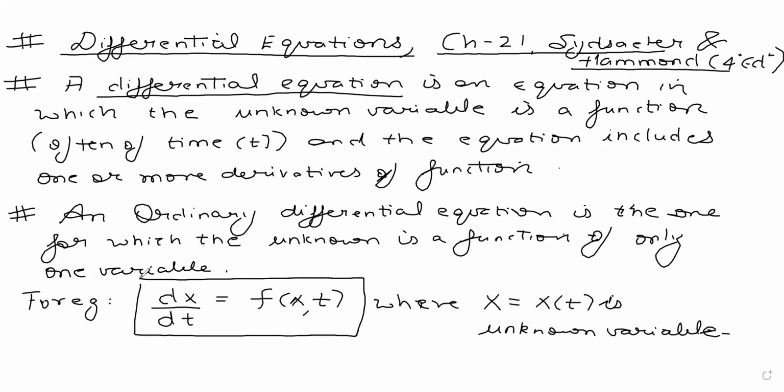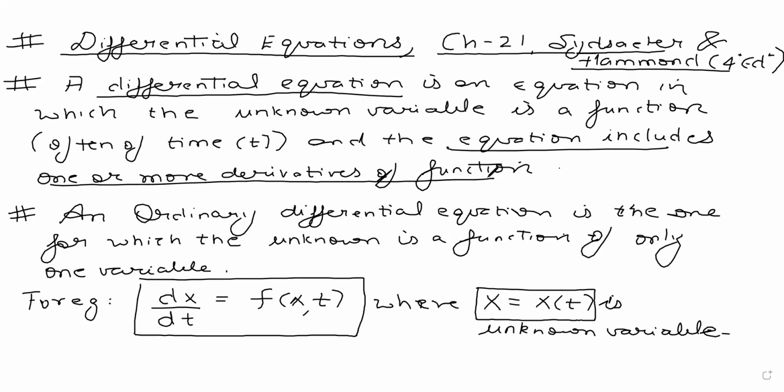What is the unknown variable? The unknown variable is x. X itself is a function of time. And you can see that the equation includes one or more derivatives of the function. This differential equation includes the first order derivative of x with respect to time, dx by dt. And usually dx by dt, we denote it as x dot. X dot means dx by dt.